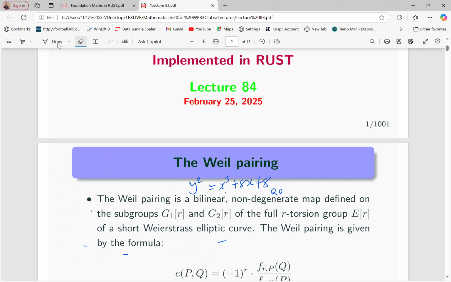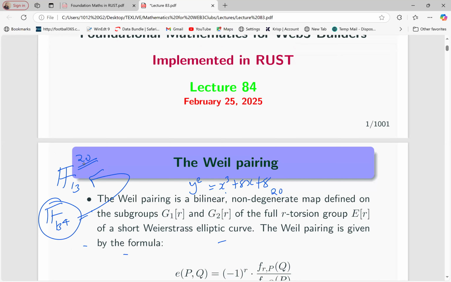So now we can extend this. The original field was F13, but this can be extended to F13 raised to 4. Now this field has more points than the original, which had only 20.